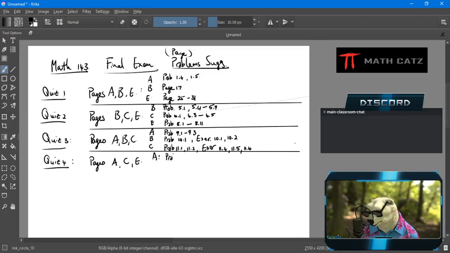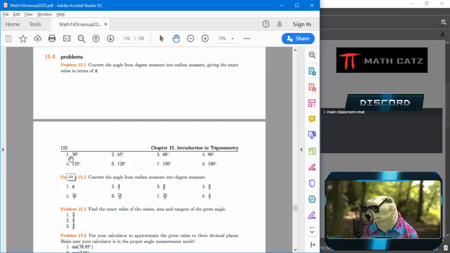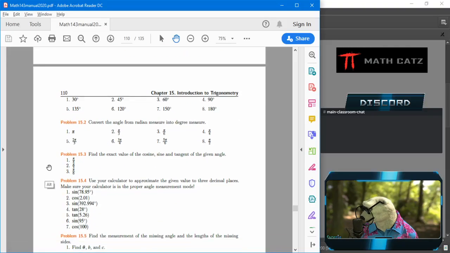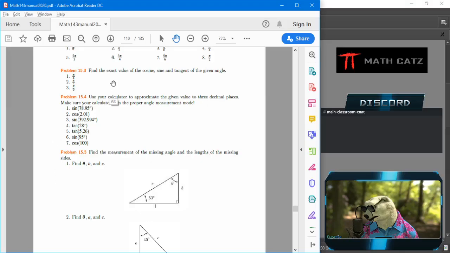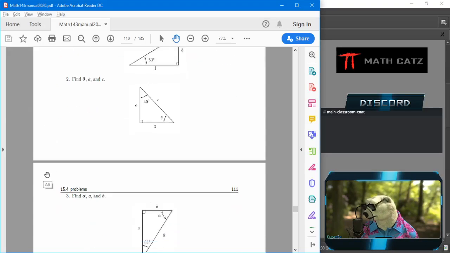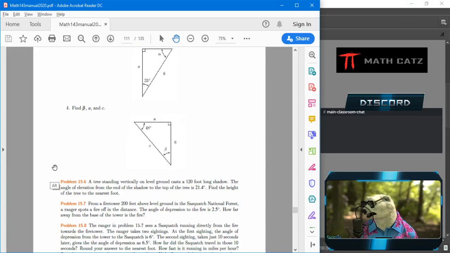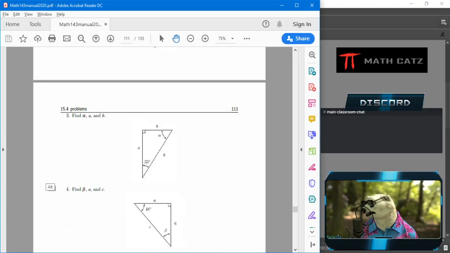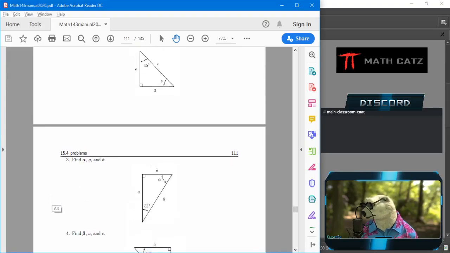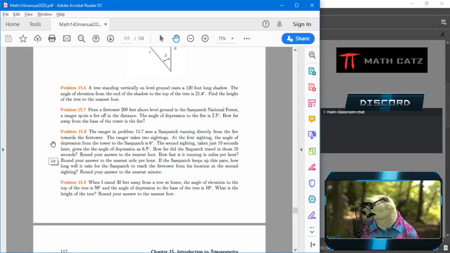So problem 15.1, 15.2. And for the word problems, I'm not going to specifically list the individual trig function questions, but you won't be able to necessarily do the word problems without looking at these other problems.